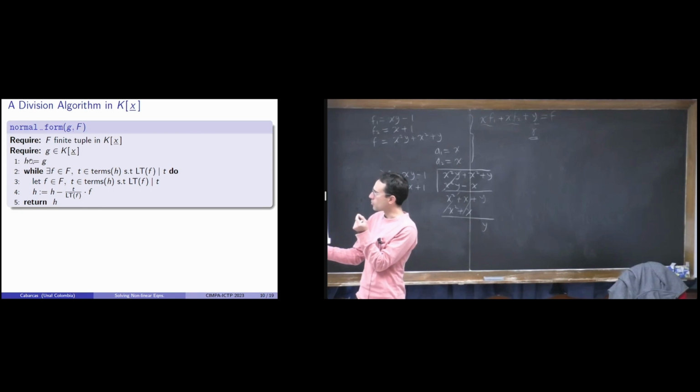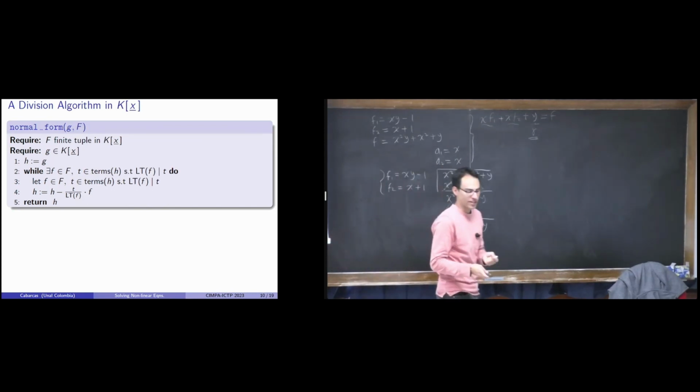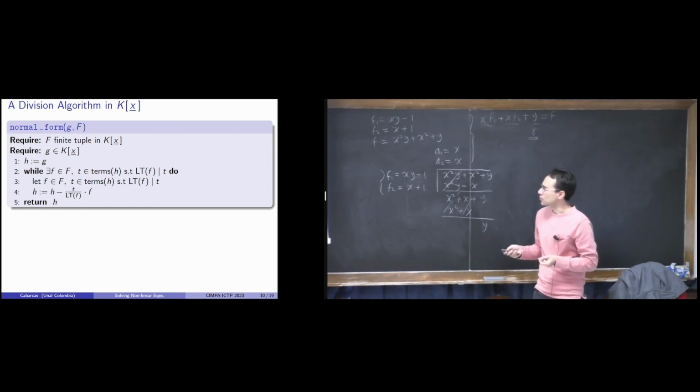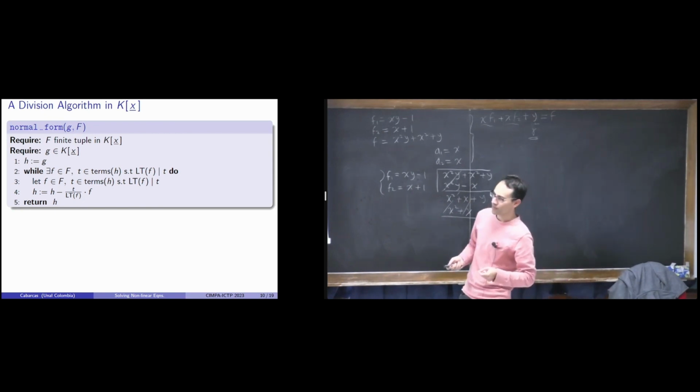This is going to become the remainder, and you are subtracting exactly what you need to cancel one of the terms of what is left in h, and you continue that until there's nothing else to reduce.